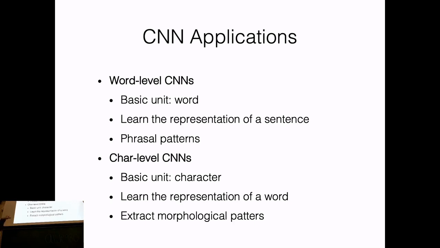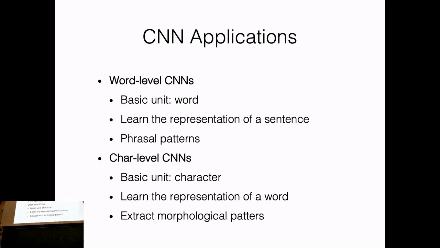Regarding the character level CNN, the basic idea is that the modeling object is not a word but a character. For example, we have a long word and we want to learn the representation of this word. We could use a character level CNN. Its functionality is that it can be used to extract morphological patterns.